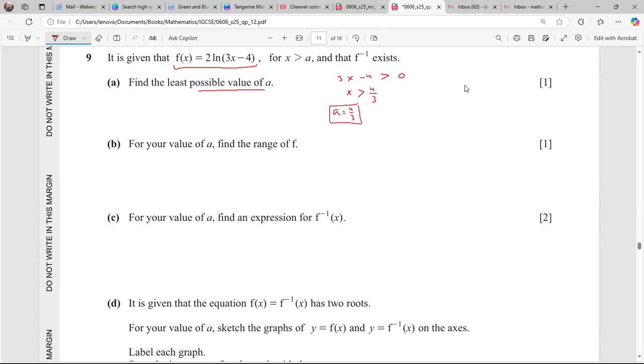For your value of a, find the range of f. The range of f is from minus infinity to infinity. Remember how the graph of log x looks like? y equals log x.